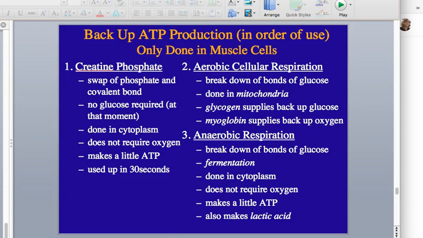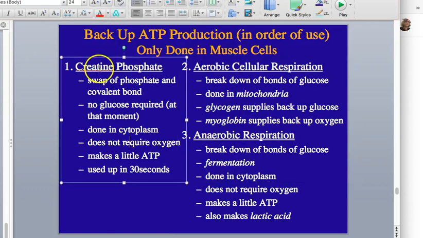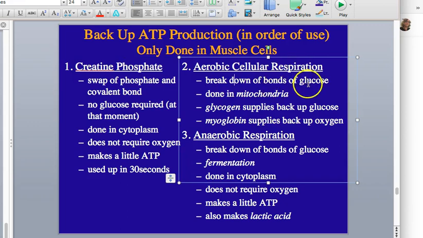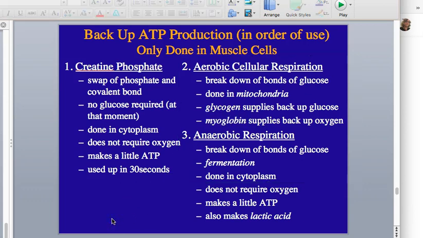Not only that, but our muscles allow anaerobic respiration. Creatine phosphate is something where you don't need any glucose when it happens, whereas in cellular respiration, you have to have glucose. But the nice thing is that there's something called myoglobin. Myoglobin is a particle that exists just in the muscles.